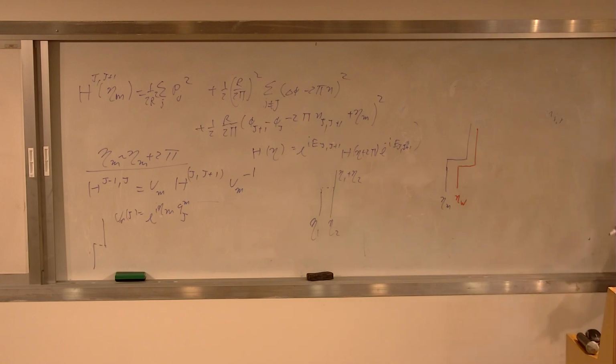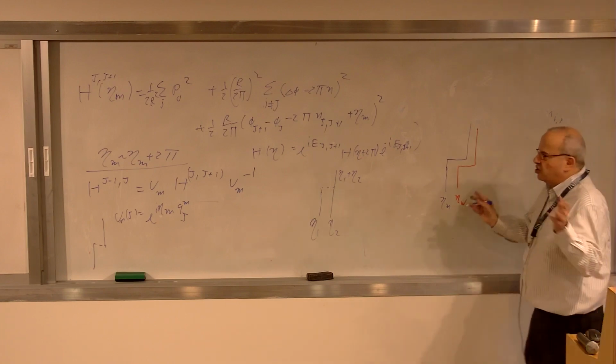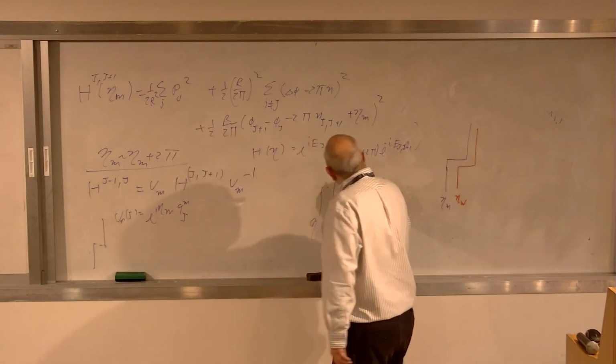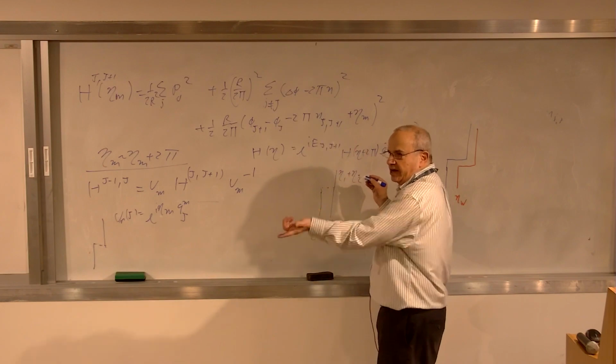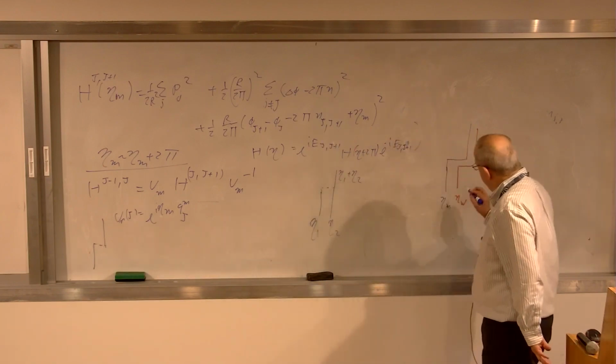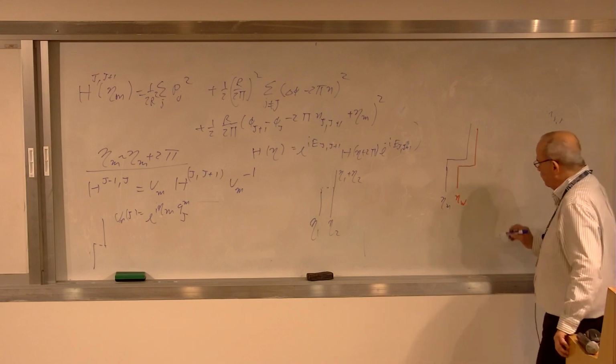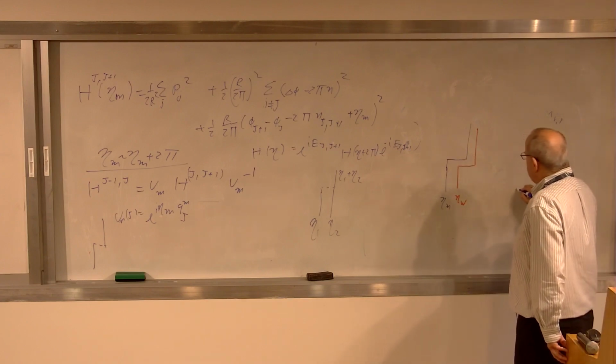So imagine, as long as I have only momentum defects, no problem. I can move them around. If this thing is too large by 2 pi, I can conjugate again and bring it back to the fundamental domain. But what happens when we have both? I could slide them in this order, or I could slide them in this order.